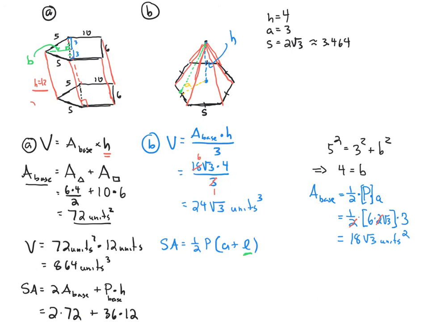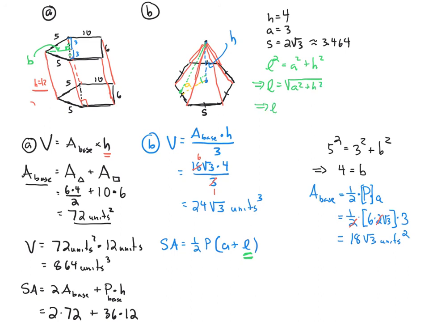And if you remember, I'll just do this up here in green. Remember that since L squared is the hypotenuse of this right angle triangle here, L squared equals A squared plus H squared. They're the legs of that right angle triangle. And solving for L, we get L is the square root of A squared plus H squared, which we know.